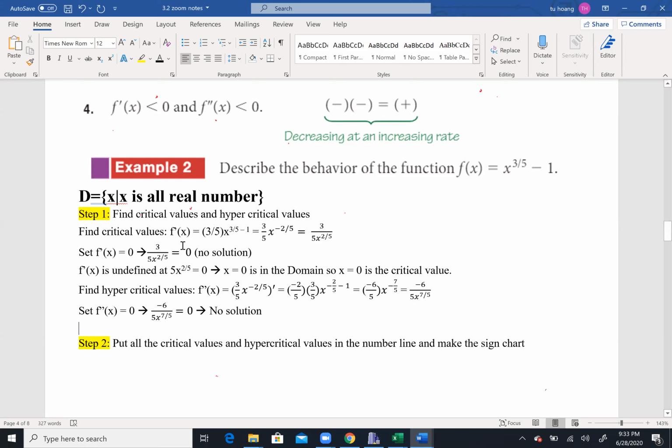And for the case if the second derivative of x is undefined, at the bottom here equals 0, so you will have, let me see, x equals 0 again, which is in the domain.